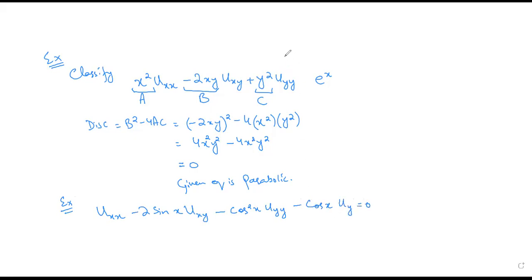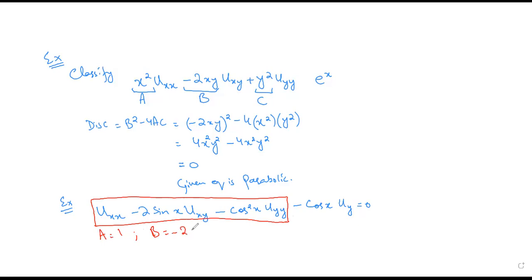Again, saying the same thing, we just need these three values, the coefficients of the second order derivatives in an equation. So the coefficient a is 1 here, the coefficient b is minus 2 times sine x, and the coefficient c is minus cos square x.